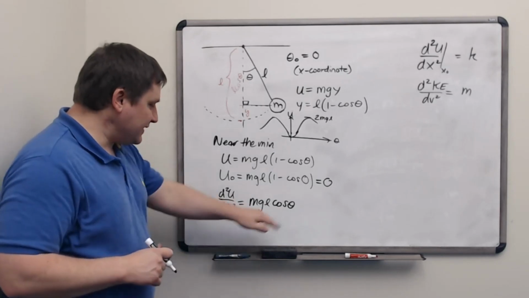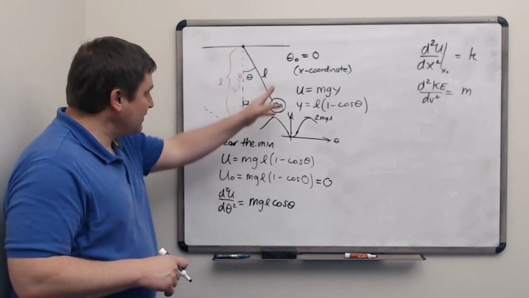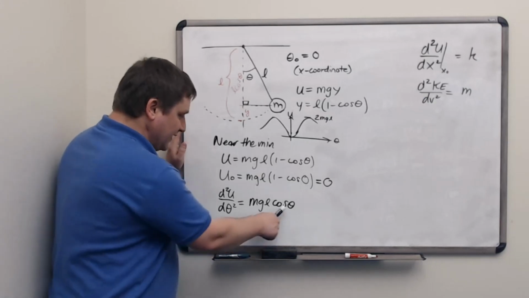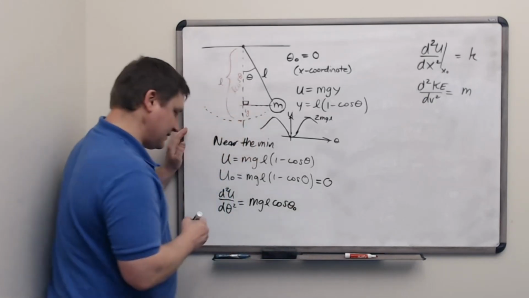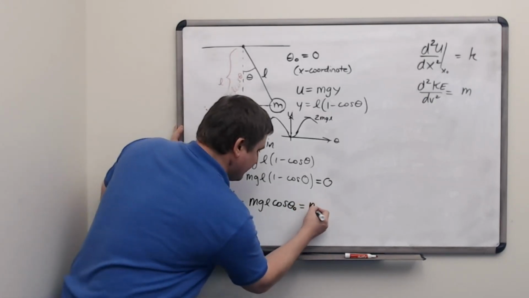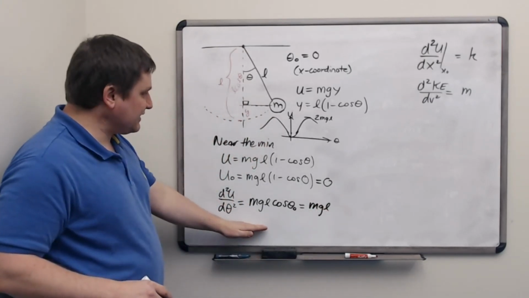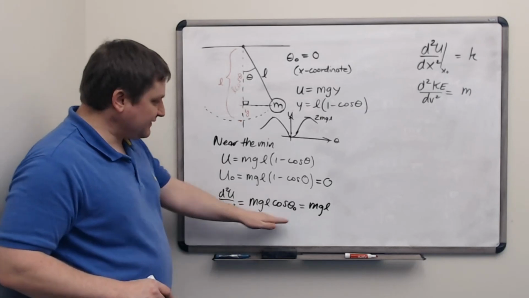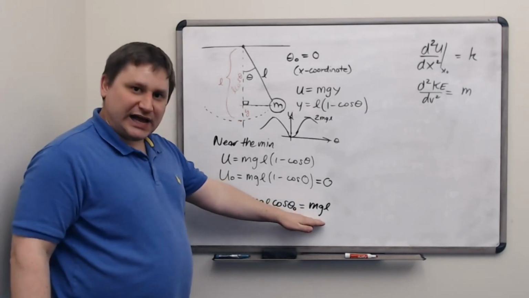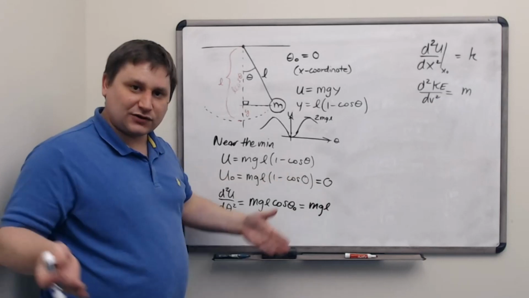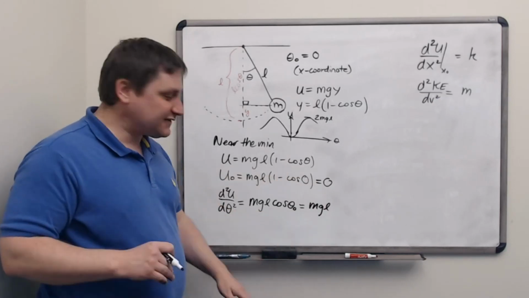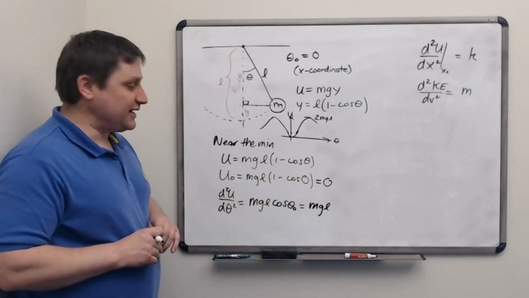And if we evaluate this at the point of minimum potential energy, theta is 0. So this just evaluates to mgl. So our effective spring constant here for this system is actually mgl. The forcing towards the bottom comes from gravity, so it's not unexpected to see gravity in there.